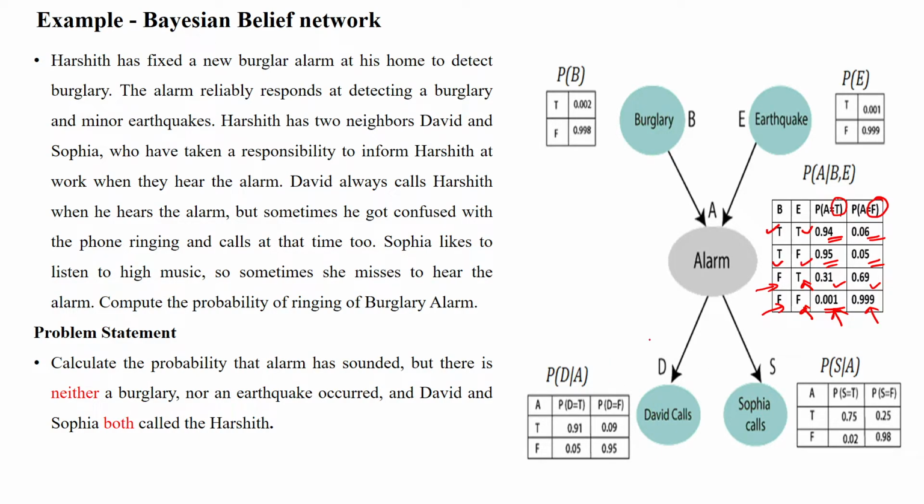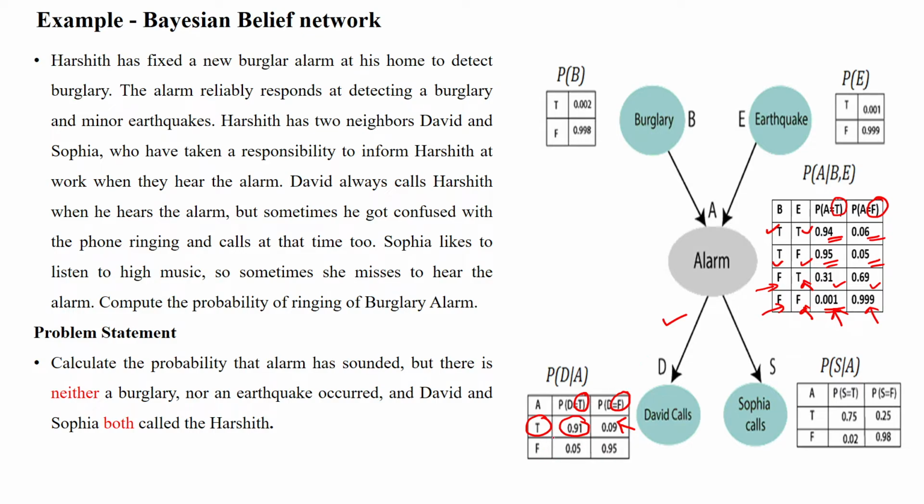Like that, when the alarm is ringing, David makes a call to Harshit. Making the call, true, is 0.91. Not making the call, because of confusion between the phone ringing sound and the alarm sound, which are similar, is 0.09.